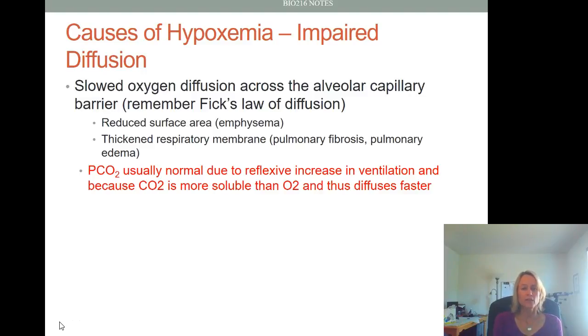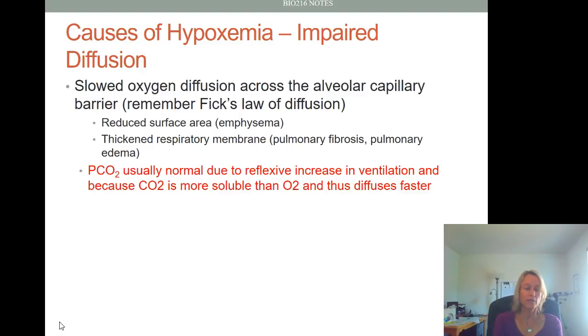And this can be due to either reduced surface area, where the alveoli come in contact with the pulmonary capillaries, such as with emphysema. Remember, with emphysema we see destruction of alveoli and pulmonary capillaries, so there's going to be just less area for gas diffusion. Or with a thickened respiratory membrane, which we can see in pulmonary fibrosis, where there's scarring and a thickening of that membrane.